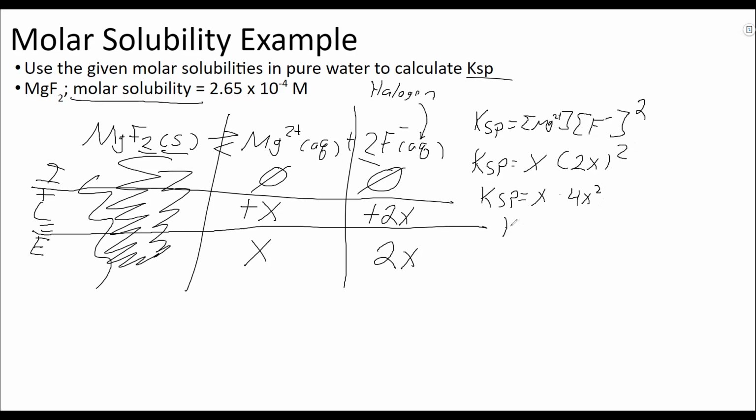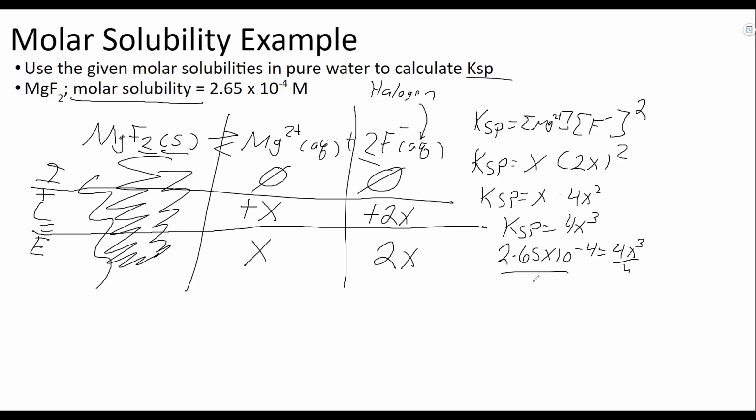And then KSP equals 4x cubed. x squared times x is x to the power of 3. We actually know what KSP is. So 2.65 times 10 to the minus 4 equals 4x cubed.